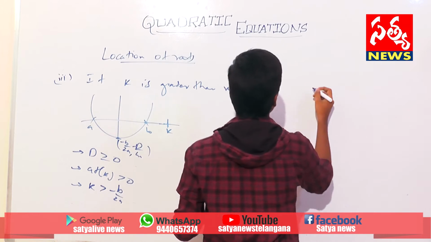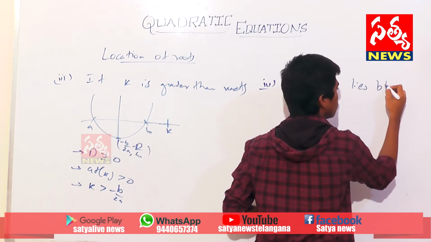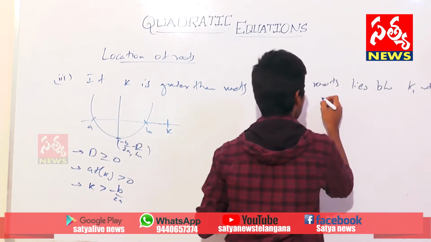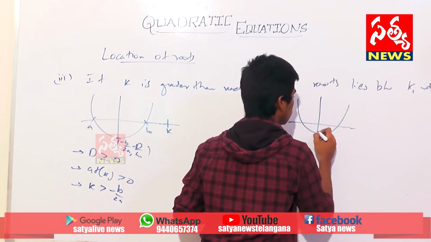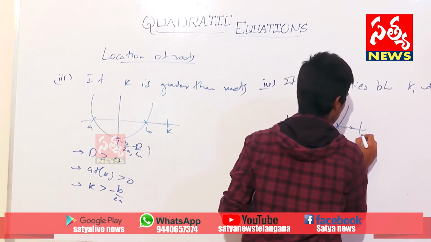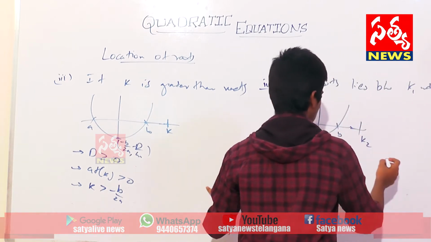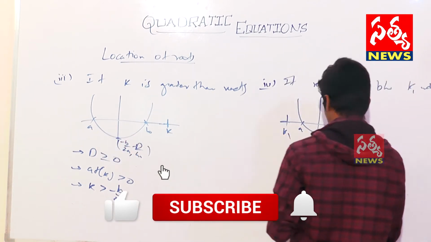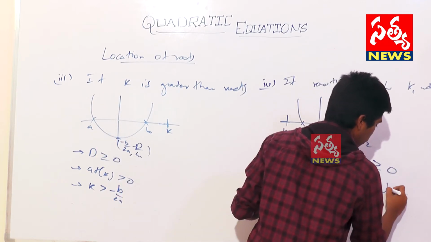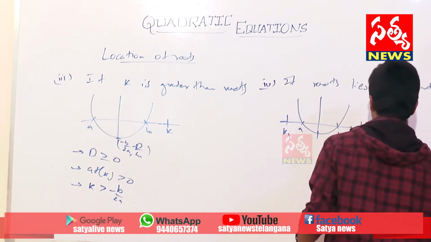Fourth one, if roots lie between k1 and k2. K1 and k2 are some constants. See, this is the curve. A, B are roots, k1 and k2. For this, you have to take three conditions: discriminant is greater than or equal to 0, a into f of k1 or a into f of k2 is greater than 0.